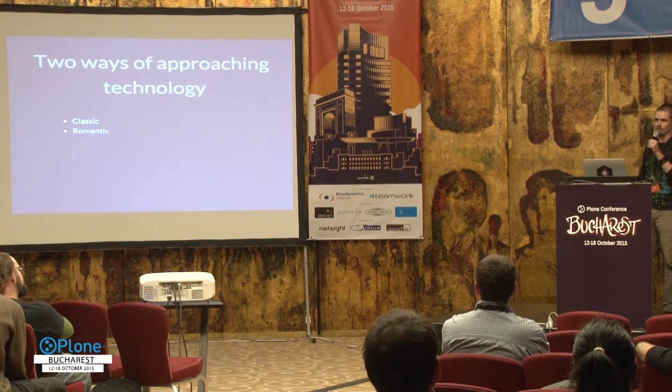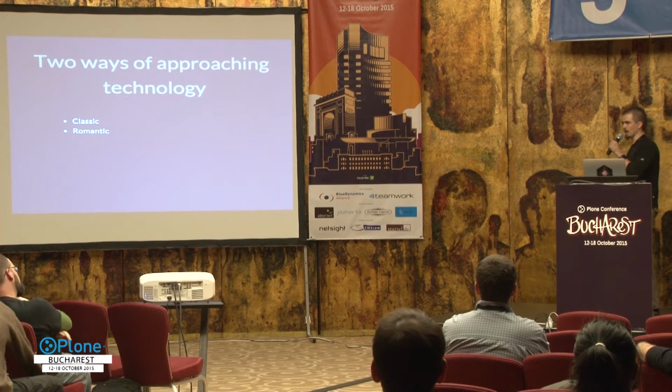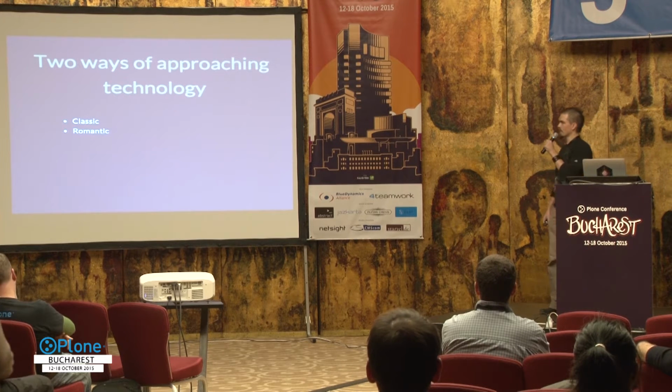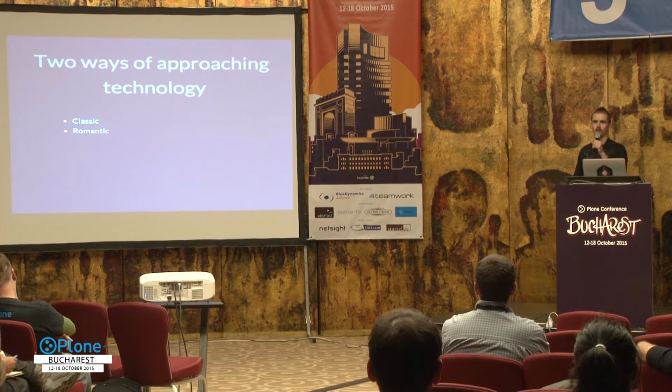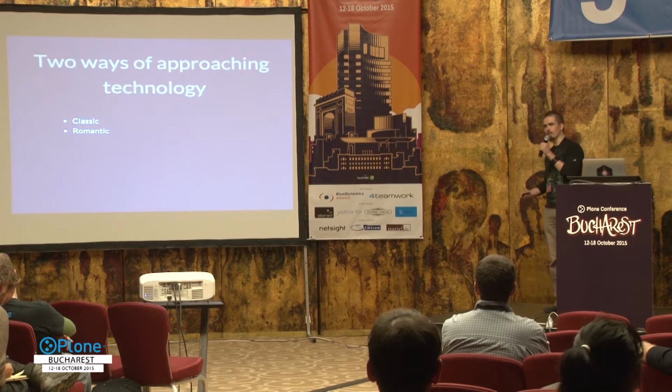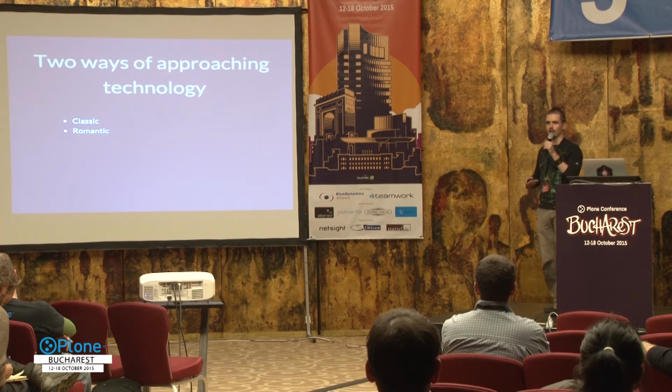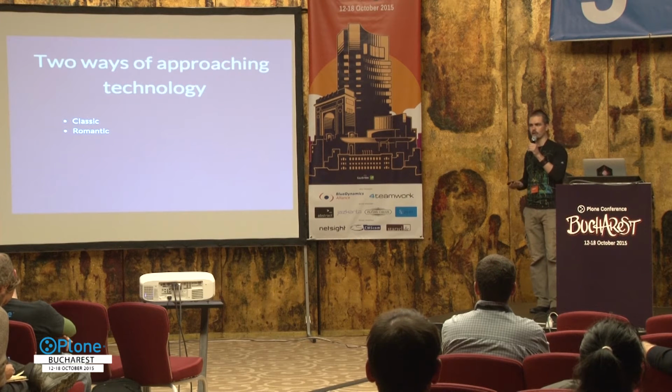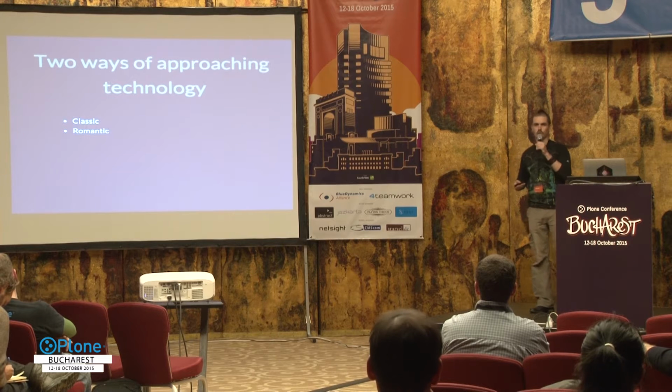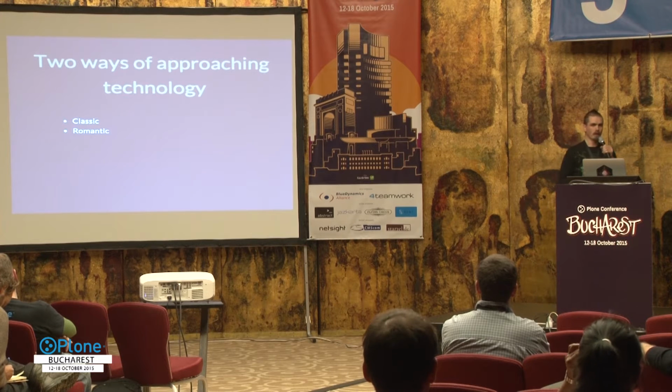It's engineering-driven, it's technical, it's mathematics. The romantic approach is fluid, it's artistic, it's intuitive. You might say it's a little bit more superficial, not necessarily in a negative way, but it's more about how things look. And the classic approach is more about how things work.